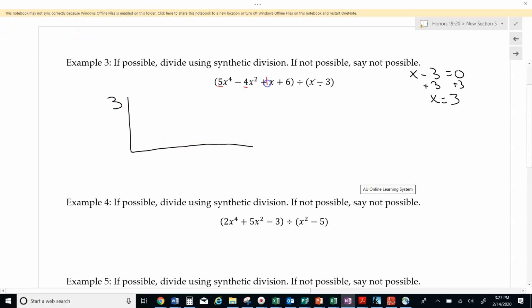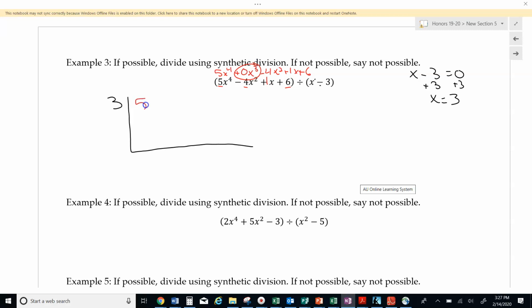Coefficients. One thing to make note of is I'm missing an x cubed. Just like our long division, we need that placeholder x cubed.